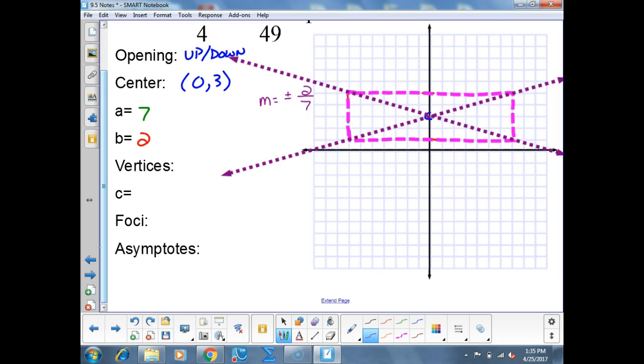Okay, what are my two asymptotes? Because both have y-intercepts of positive 3. Okay. Next.